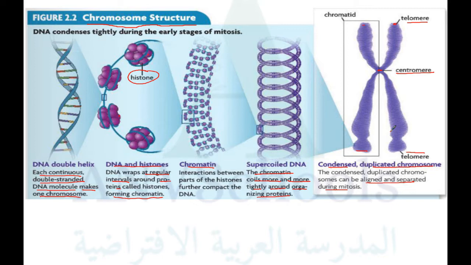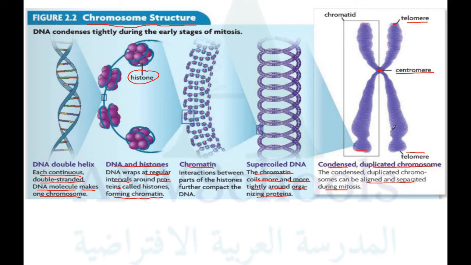As a cell progresses into mitosis, chromatin further condenses. It continues to coil more and more tightly around organizing proteins, finally forming small thick rods. Recall that each chromosome has already been copied during the previous stage, that is the S stage, or the synthesis stage.